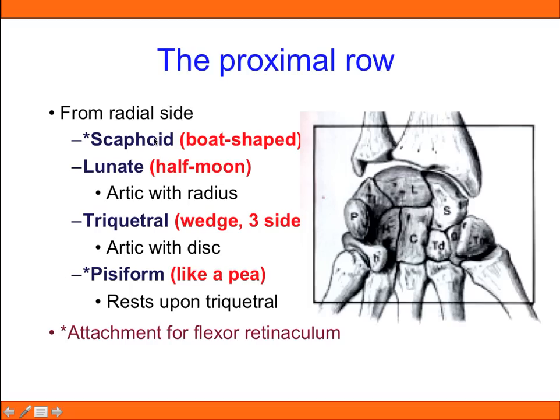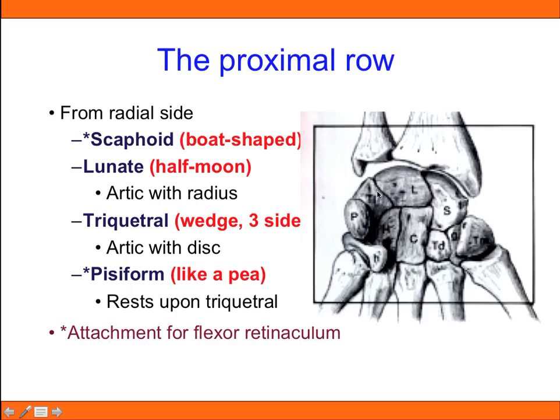Now, these anatomical names are named after the appearance of these carpal bones, and if we look at them, then we can kind of deduce. Now, if you look at the lunate from a lateral perspective, it really does look like a half moon. So I completely get that.